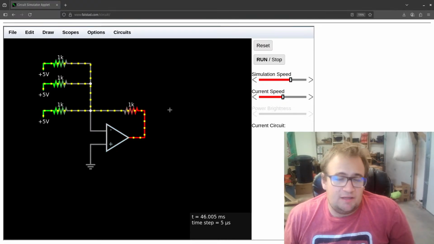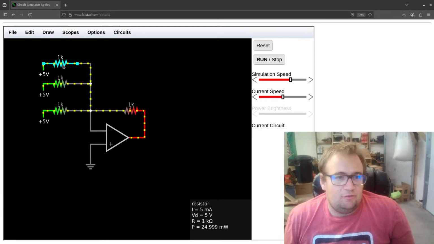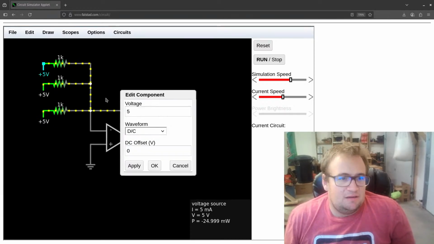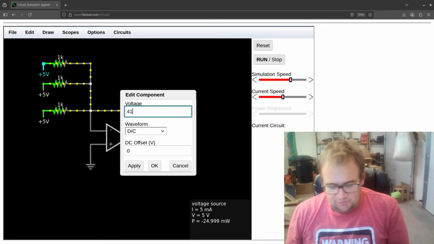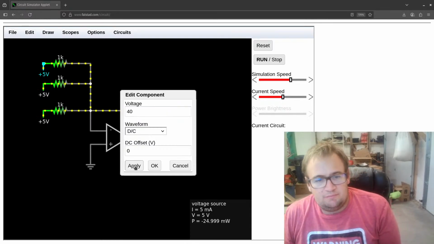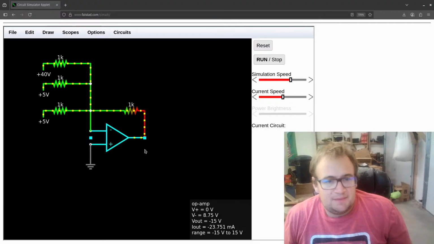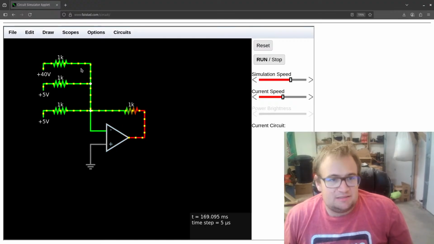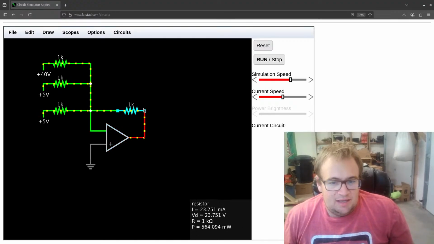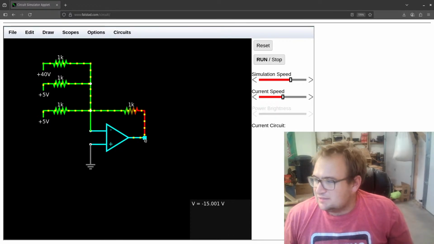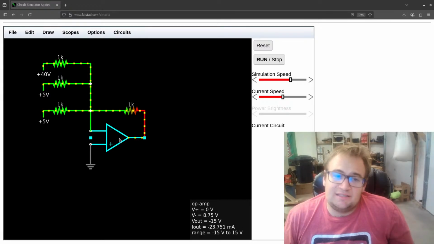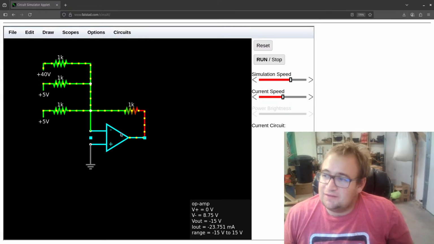Now the problem that we'll get to, I'll just demonstrate this because I know what's going to happen, because I've used the Falstad simulator before. I'm going to apply. Okay. So now you see this isn't being able to keep up, because its power supplies are only set to plus or minus 15 volts.